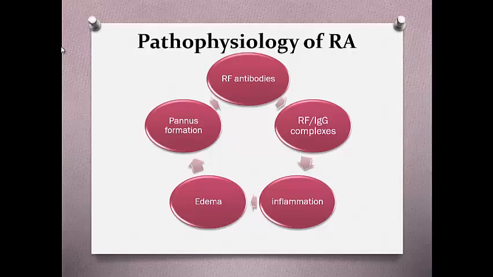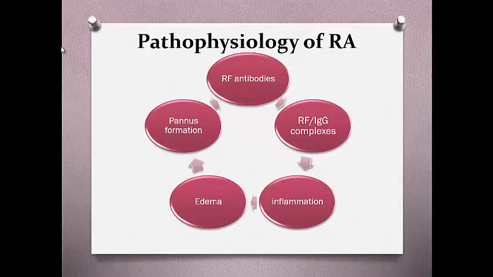Enzymes break down collagen, and it causes edema. And then we have the pannus formation, which results from the formation of vascular granular tissue.